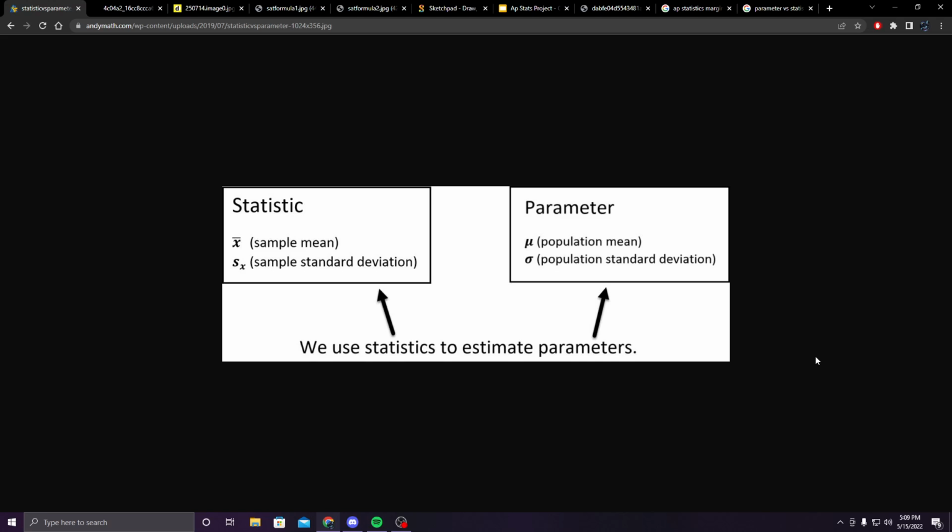An example of this would be a rainforest that has a parameter, a mean of 60 liters of rain every year. I don't know if that's true or not, but let's just say that. So it's estimated, right? That would be the parameter, whereas the statistic is what an actual sample is.